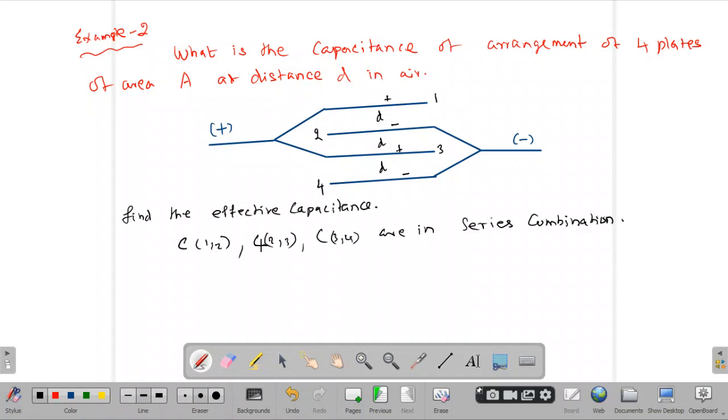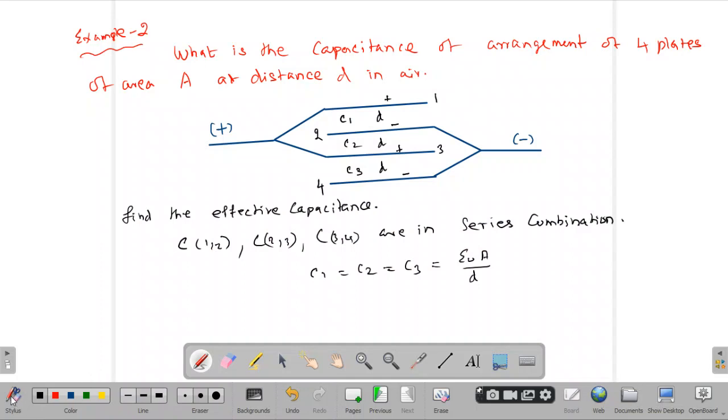This is air medium. So this is taken as C1, the other one is C2, the other one is C3. All the three will be equal. C1 equal to C2 equal to C3 equal to epsilon naught A by D. Here the dielectric constant of air medium is 1, K equal to 1.